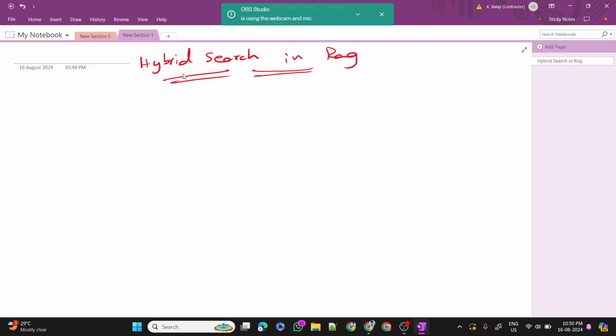For example, we have a document. We need to train an LLM, or give it some knowledge, so that it can respond to questions relevant to the content present in this document.